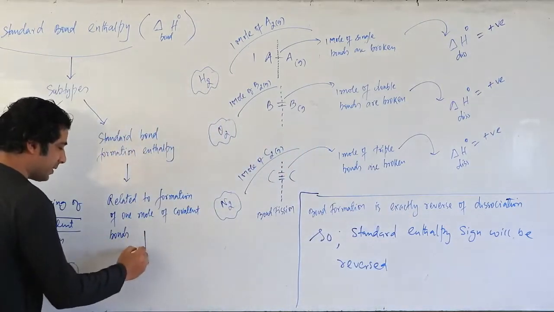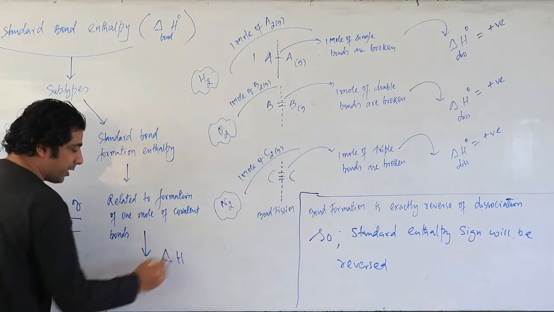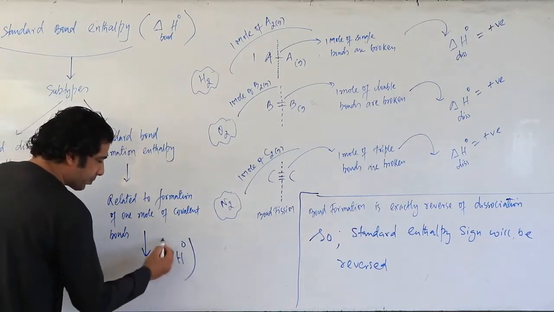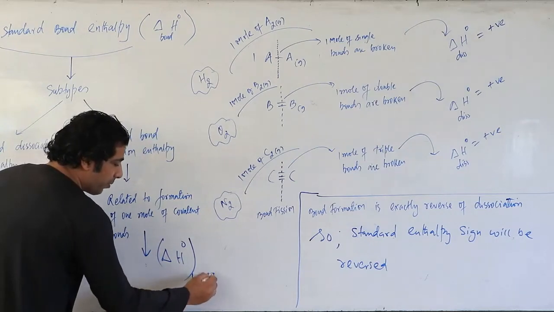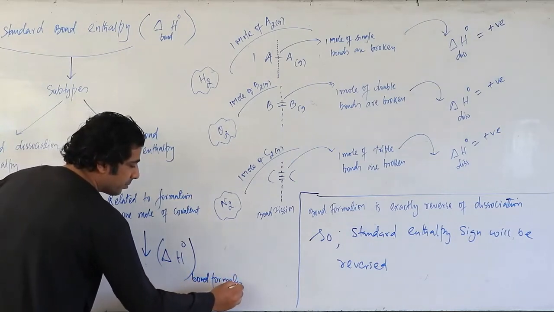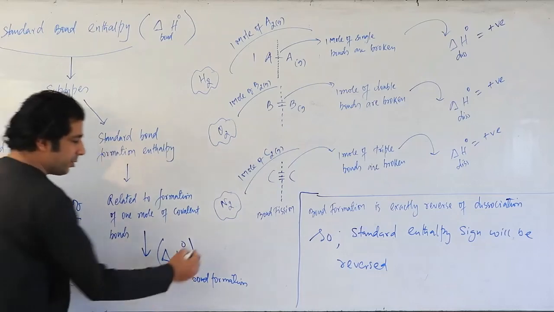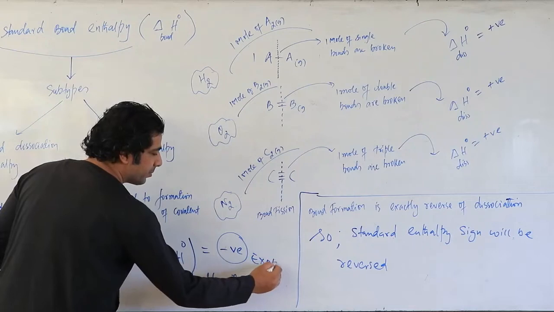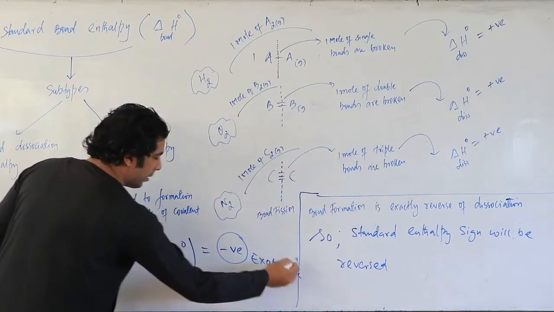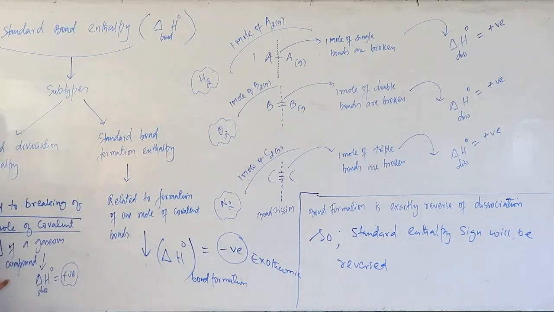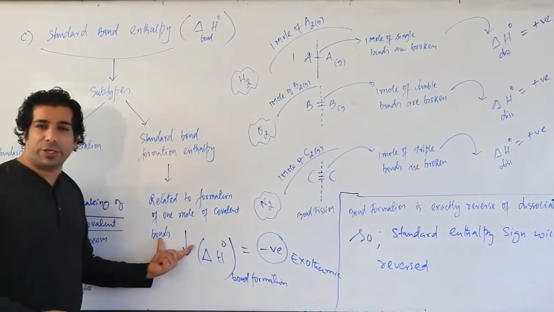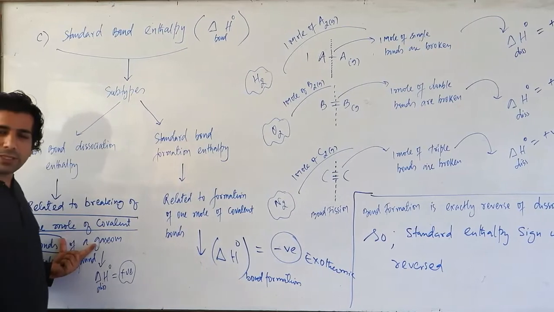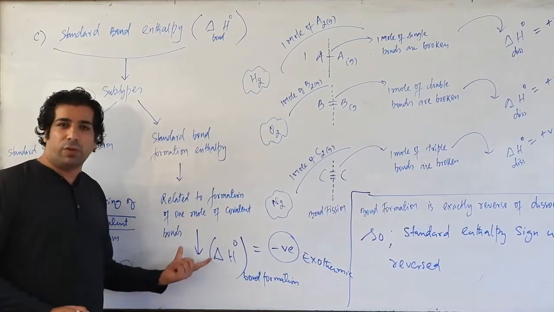That means for this, for the formation, let us suppose this is the formation of the bond, delta H for the bond formation, correct? So this will be, my dear friends, negative, that is exothermic. Remember, dissociation is opposite of, you know what, formation. Yes, here you are breaking 1 mole of covalent bonds and here you are making 1 mole of covalent bonds.